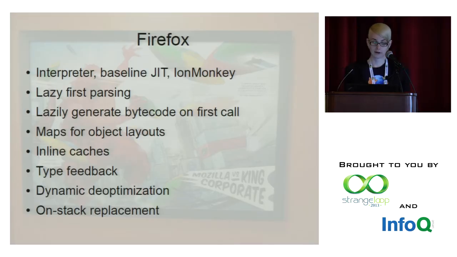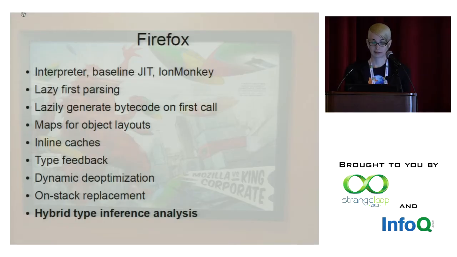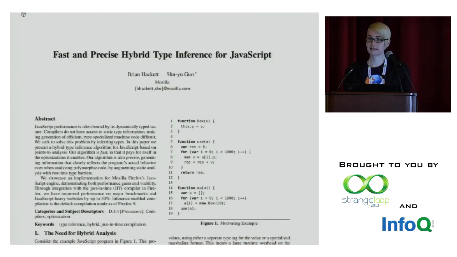But recently they've made an innovation, and they added an extra ingredient, which is a hybrid type inference analysis. And the reason why this is significant is that they finally found a way to solve the eval problem. So they will be able to incrementally analyze your program, essentially, and get some type inference results that are correct up to the current point in execution.